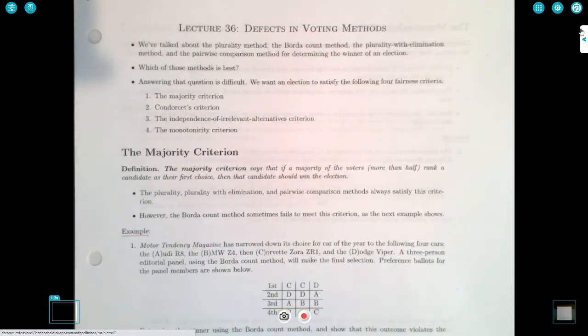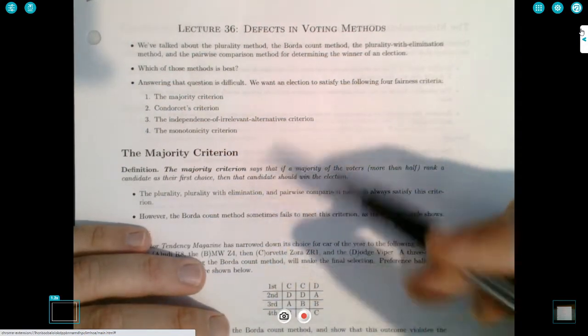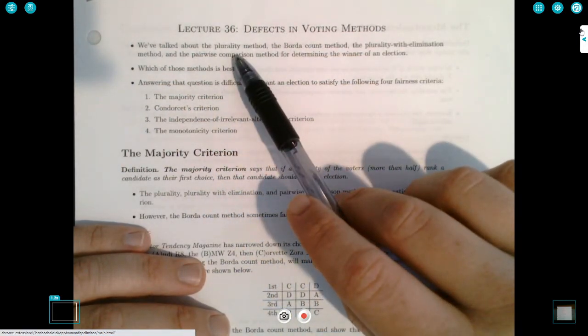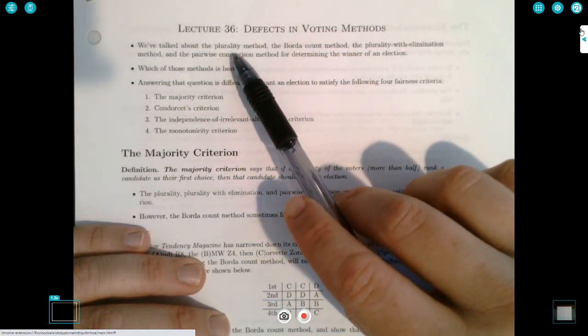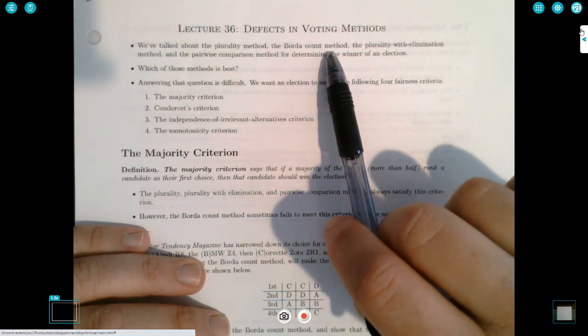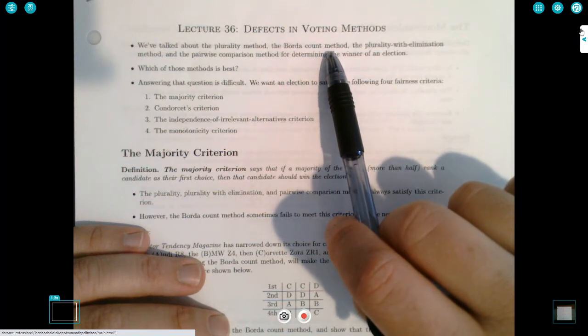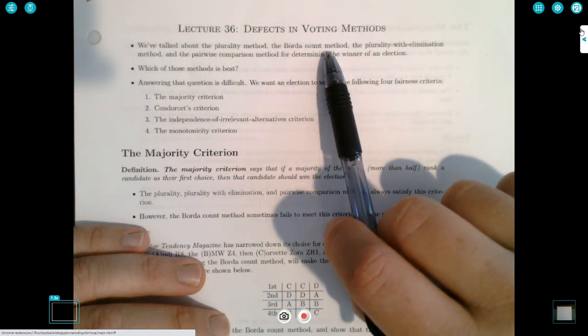We talked about 4 voting methods in the previous lecture. We talked about the plurality method, which was, whoever wins the most votes wins the election. We talked about the Borda count method, where you rank all of the individuals on the ballot, and each person gets a different number of points depending on their rank, okay? And the person with the highest number of points wins the election.